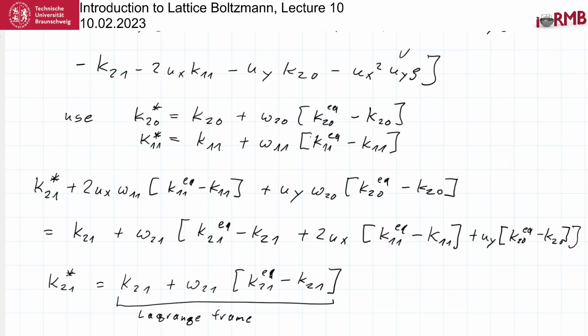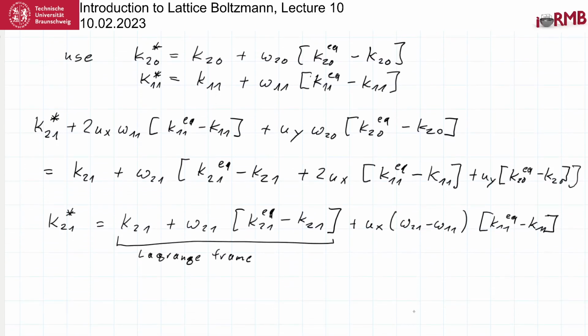However, you also see that there are other things. So there's also ux omega 21 minus omega 11 into k11 equilibrium minus k11.